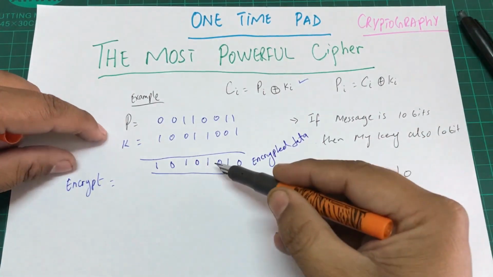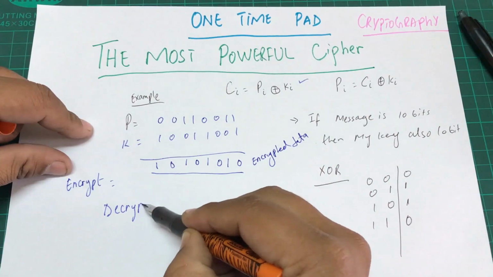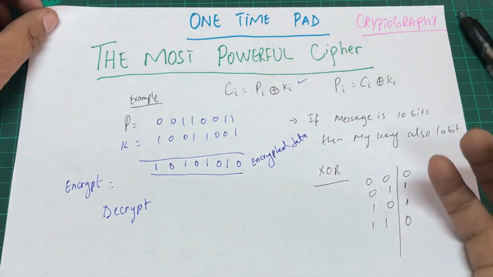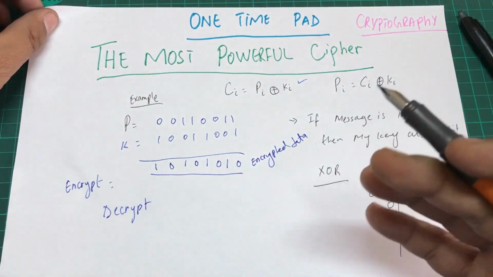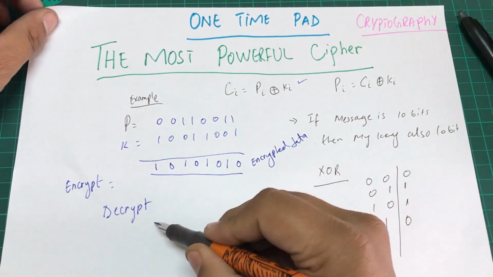All right. Once I get my encrypted data, let's decrypt it. The key is shared, since it's still a symmetric algorithm, which means the key is shared between the sender and the receiver.